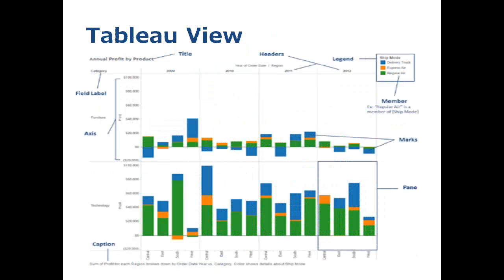This is the Tableau view. In the visualization section, if it is a graphical or chart view, there is a title, a header, a legend, and then you have the axes, x-axis and y-axis. You can give names or labels to each section. This is very generic.